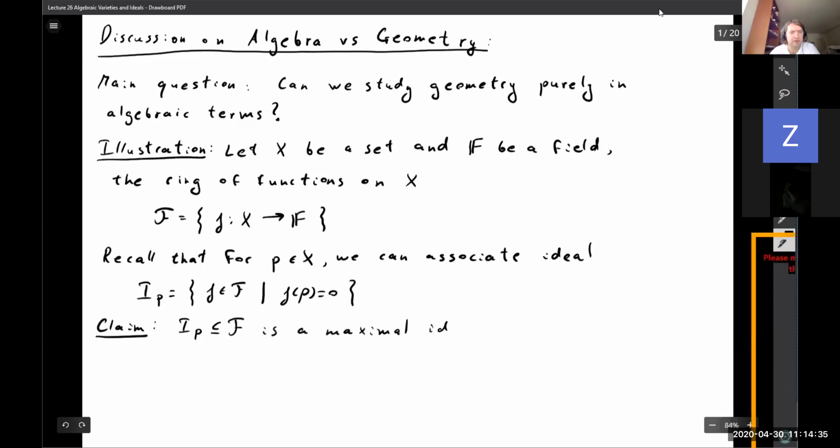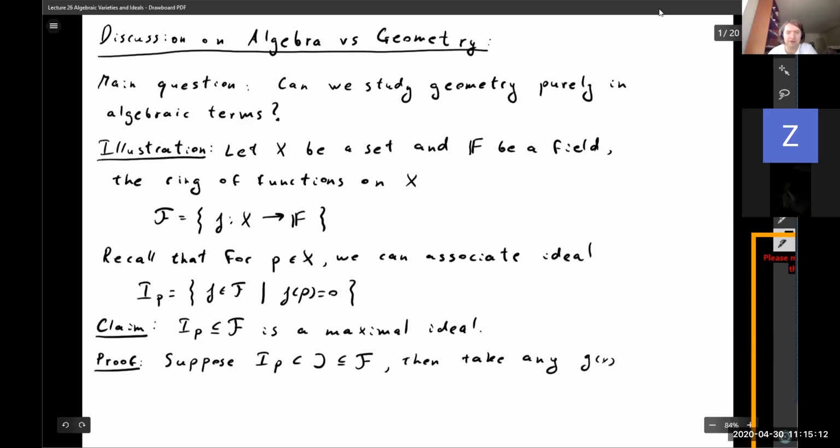And the proof would go as follows. Let's, for the sake of contradiction, suppose there exists an ideal which is strictly greater than I_P. So suppose I_P is strictly included in J, which is also an ideal of the ring F. Then take any function g of x which belongs to J minus I_P.